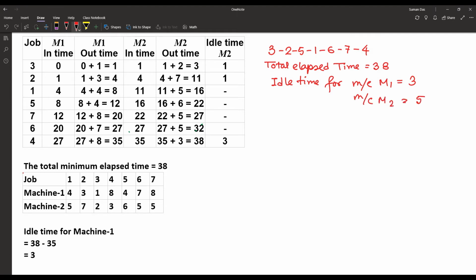Let's check whether the result is unique or not for that particular sequence.